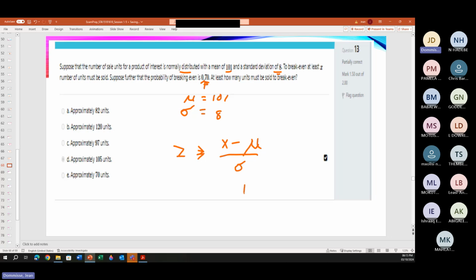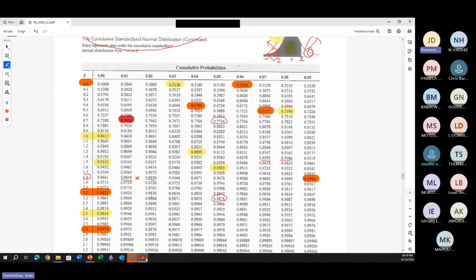Okay, so we've got 101. We need to work out the units. We've got that as 8. And we have the Z where they say, suppose that the probability of breaking even is 70%.